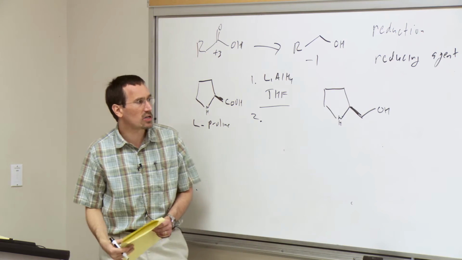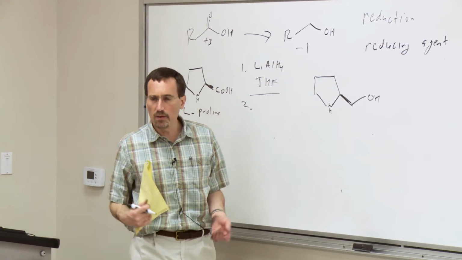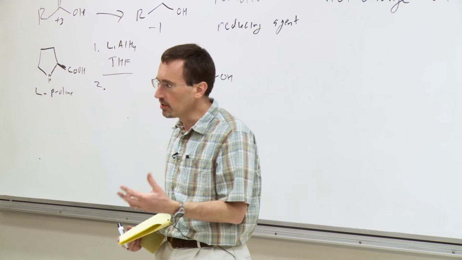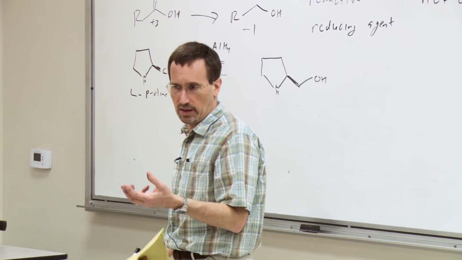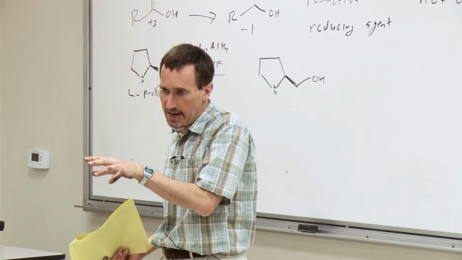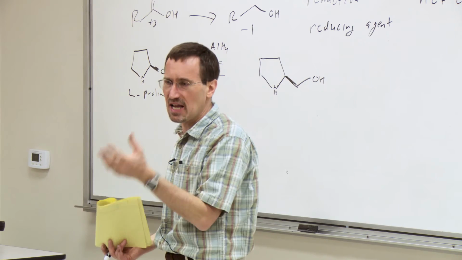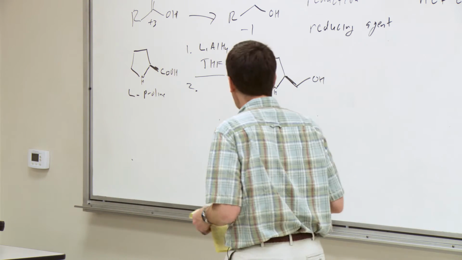We've made the corresponding alcohol called prolinol. Lithium aluminum hydride can be a real pain in the neck to work up because the aluminum salts get to be gelatinous. And so people have worked out conditions. Either you want to precipitate them out with some base and water, or you want to dissolve the aluminum salts with some acid. You can do either type of workup.